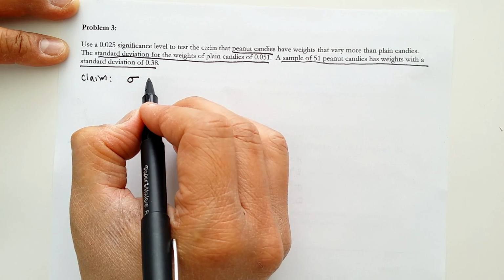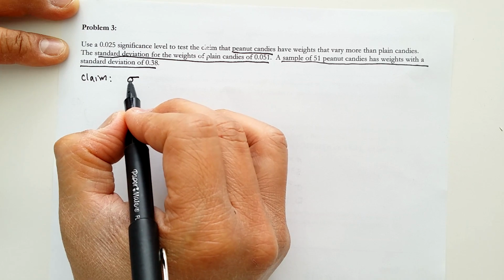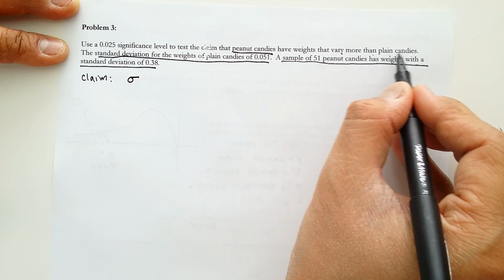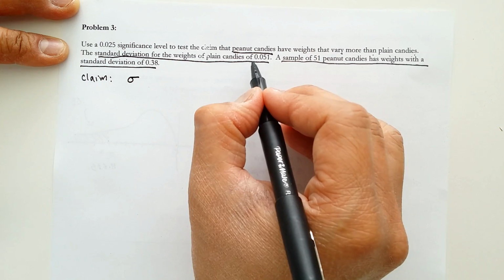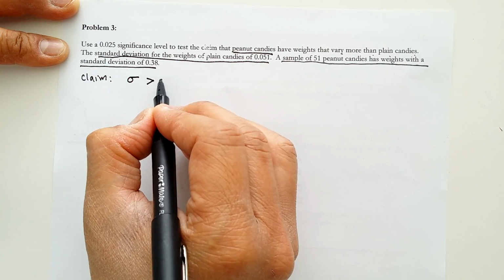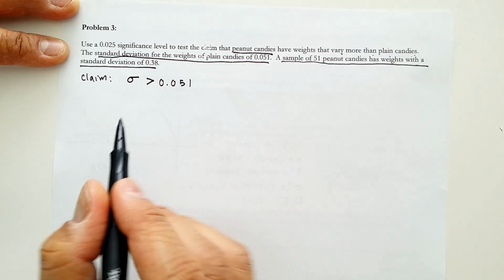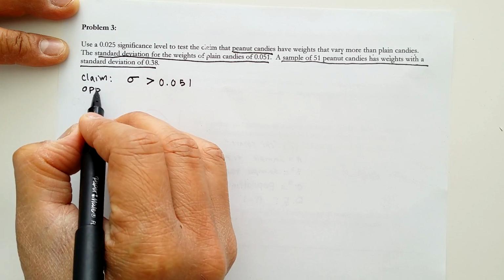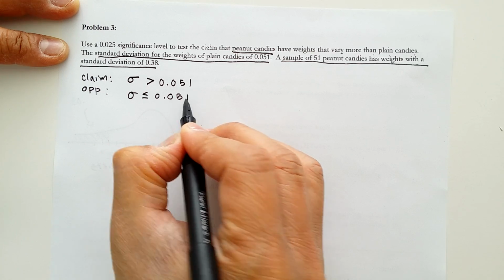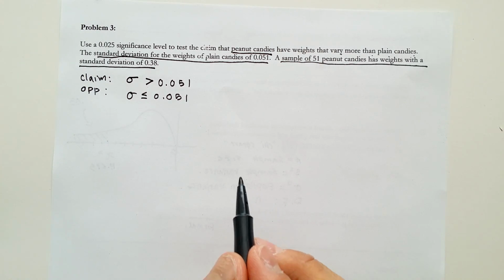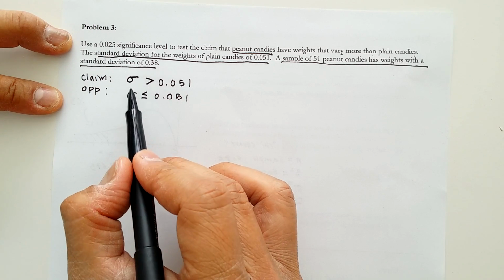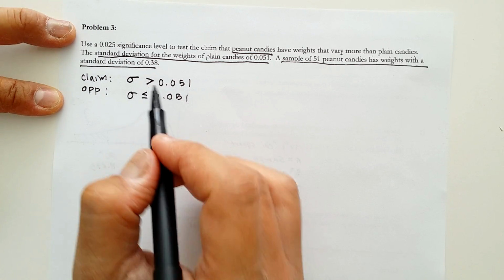Our claim is that the standard deviation for the peanut candies varies more than plain candies. Since plain candies is 0.051, the claim is that it varies more than 0.051. The opposite of that would be that it varies less than or equal to 0.051. Again, this stands for the standard deviation for the peanut candies.